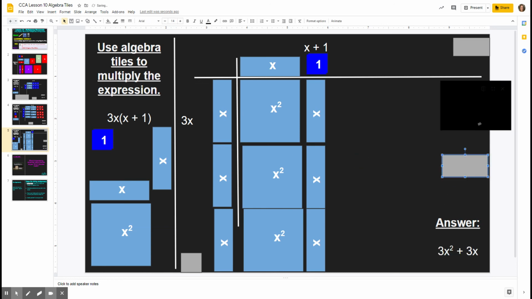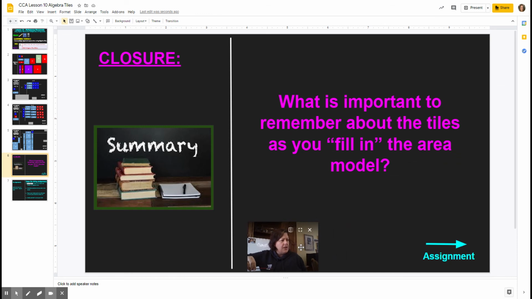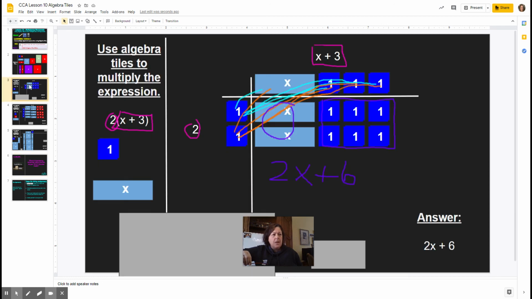All right, so there you have it. That's today's lesson. So here's your closure for today. What's the most important thing about the tiles as you fill in the area model? I said it early on when we did the first one back here. Remember what I said? What's important about underneath?